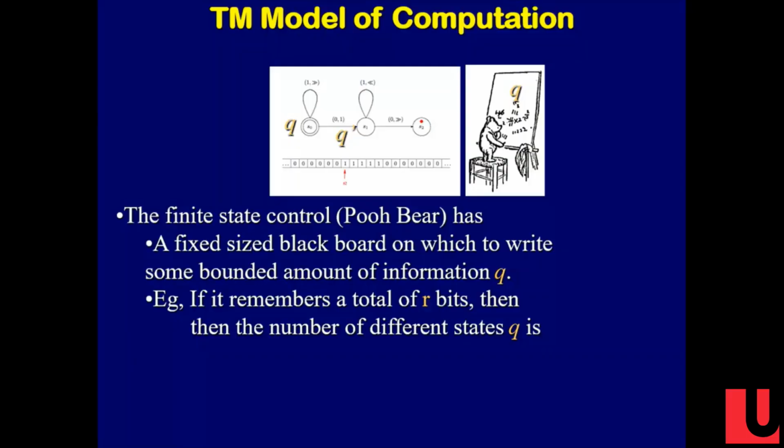So if I'm writing bits, and I can write R of them in the size of my paper, then the number of different states is 2 to the R. Everybody following that? Because the state that I'm in is determined by what's written on the blackboard. The number of states I have is how many different things could be written on the blackboard. If what I'm writing is R bits, then there are 2 to the R different things that could be on the blackboard, and I have 2 to the R different states.